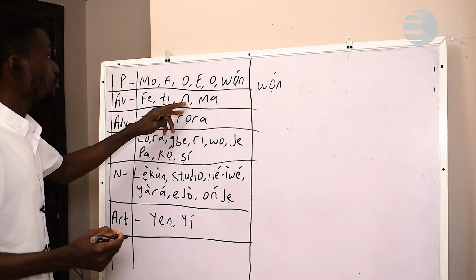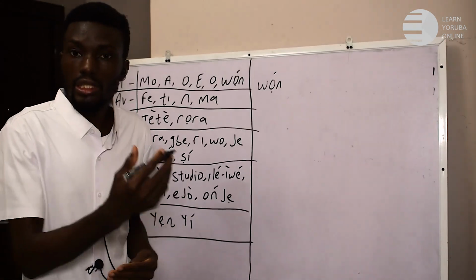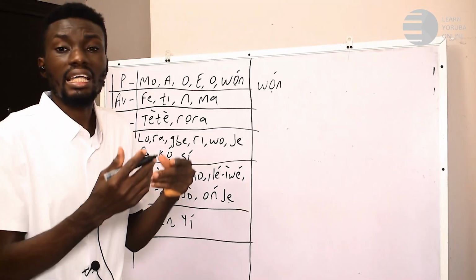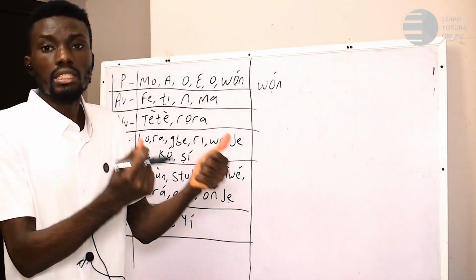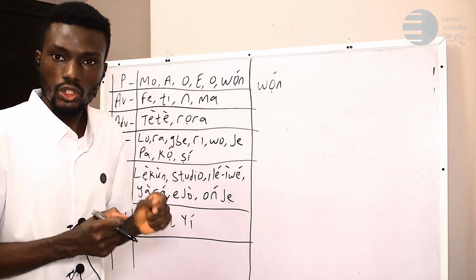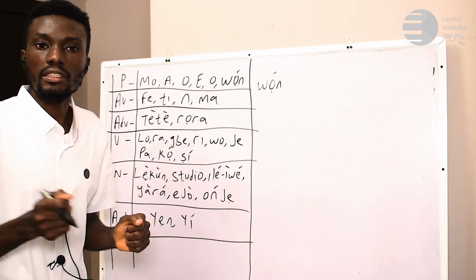But if I put ń, I can say Wọ́n ń rọra gbé lẹ́kùn. It is actually ongoing, which in English we use ing. That is, they are carefully carrying the door. So in Yoruba language, when something is ongoing, what you just need is to precede the verb.